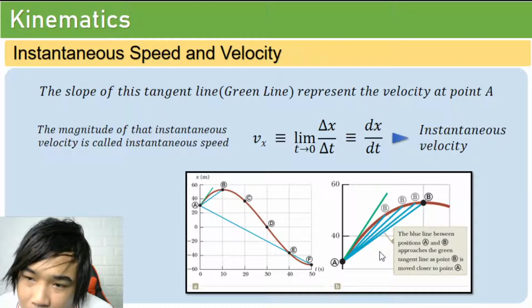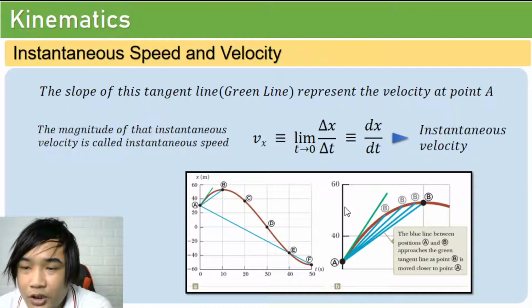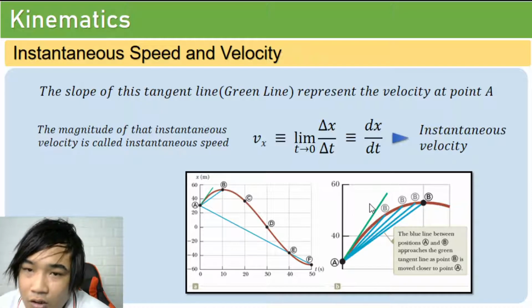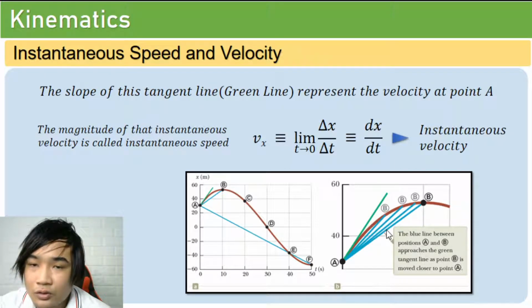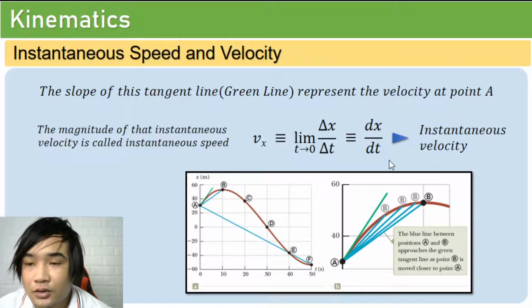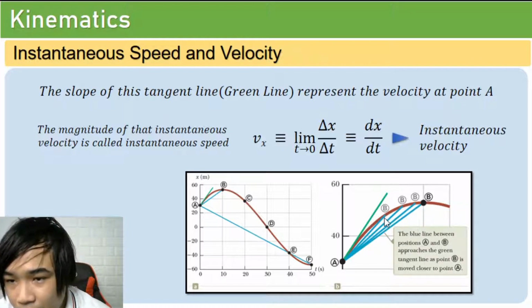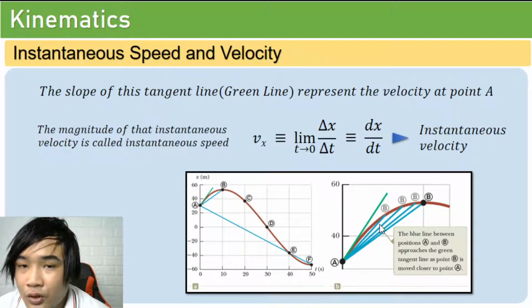Kung sinabing instantaneous, kung saan point mo gustong hanapin yung speed or velocity ng object. So let's say dito sa first blue natin. So yung instantaneous speed is different from this blue line dito.